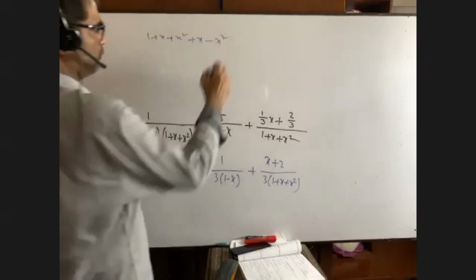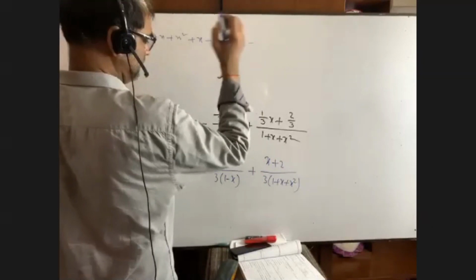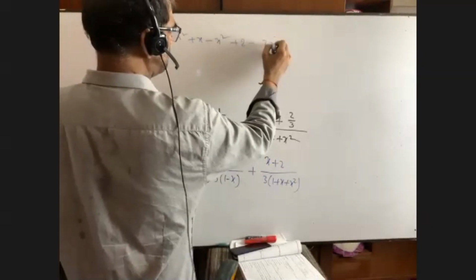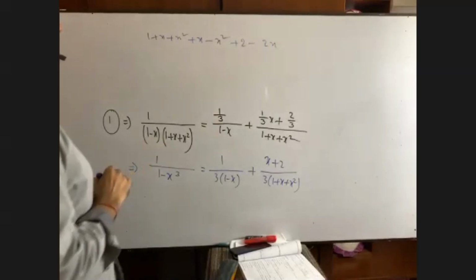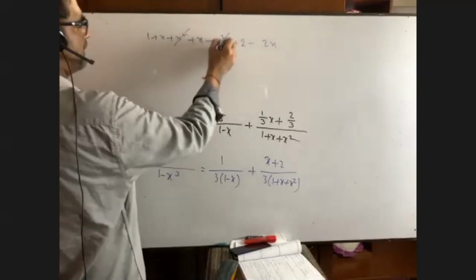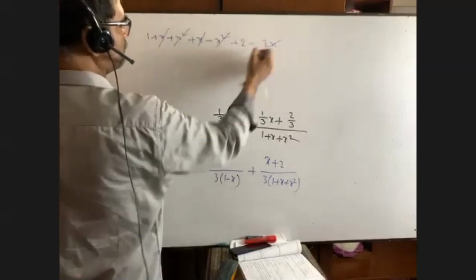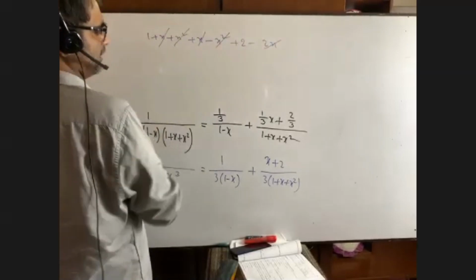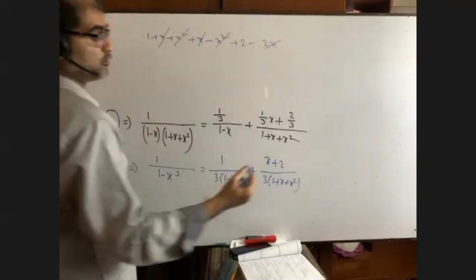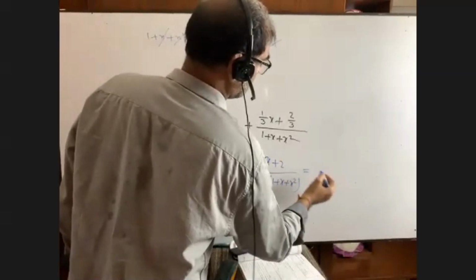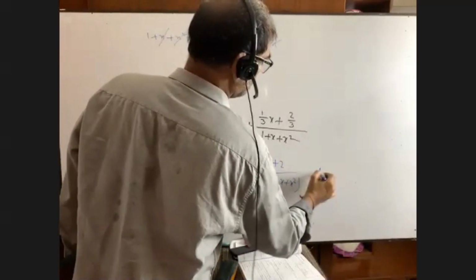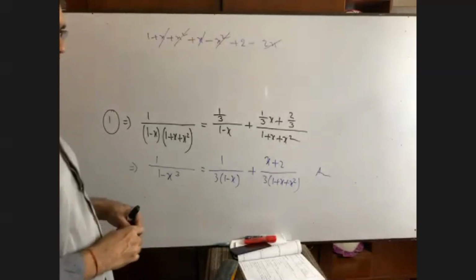Then plus 2 minus 2x. Now you see, this is x square omitted, x, 2x minus 2x omitted. We are getting 1 plus 2, 3, and this 3 will be omitted. So it is absolutely right. Okay, it is our answer. We don't have any mistake.